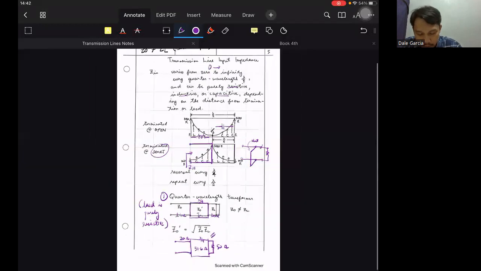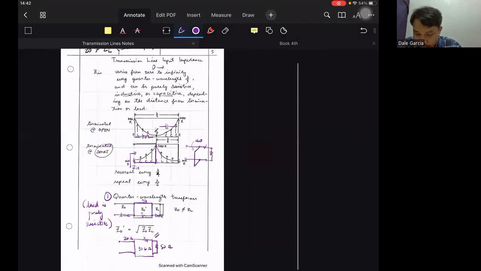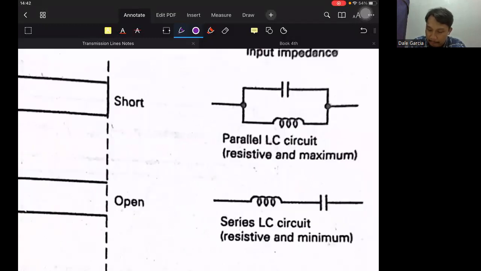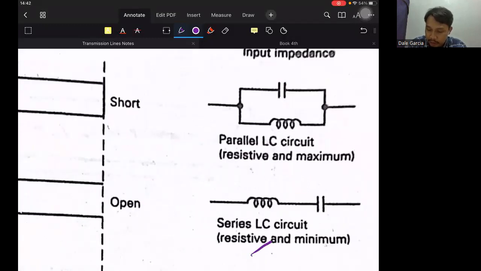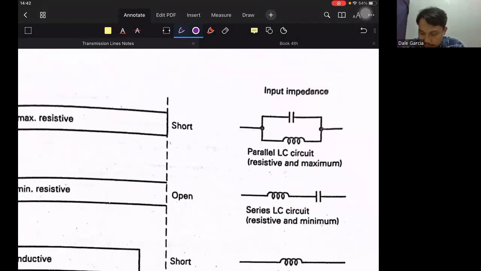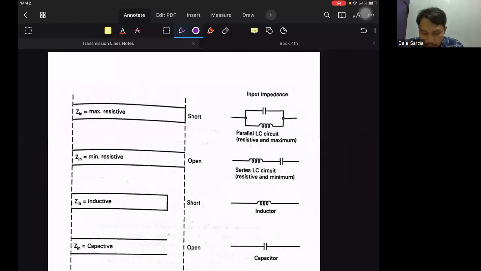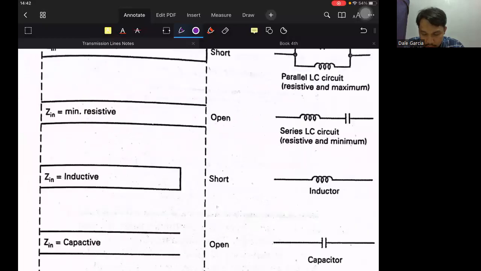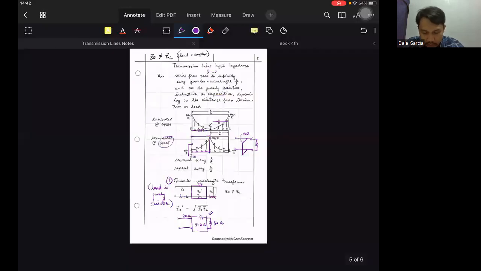If open, minimum resistance. But even if its value is resistive, its equivalent circuit is an inductor and a capacitor. Their reactances cancel out, so a real resistive value is what remains. If less than 1/4, if less than 1/4 and shorted, inductive.